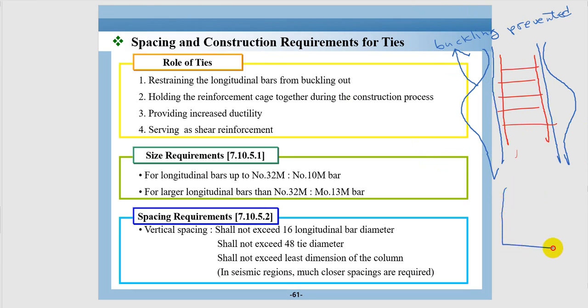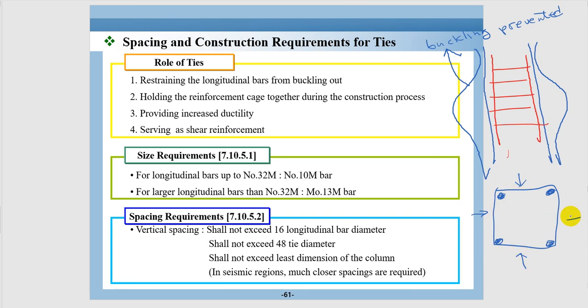This is the hoop, or the ties for columns, and we have the vertical longitudinal bars, something like that, and this will provide a confining effect so that we can prevent this buckling.